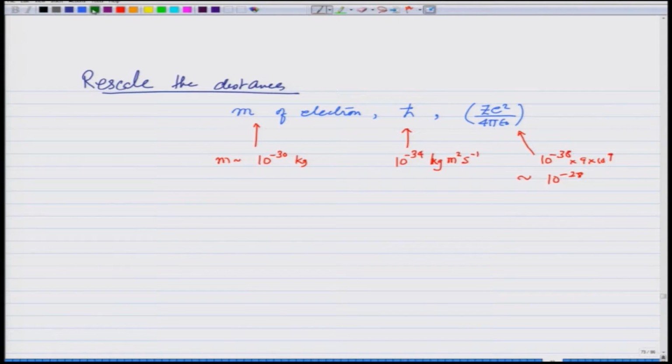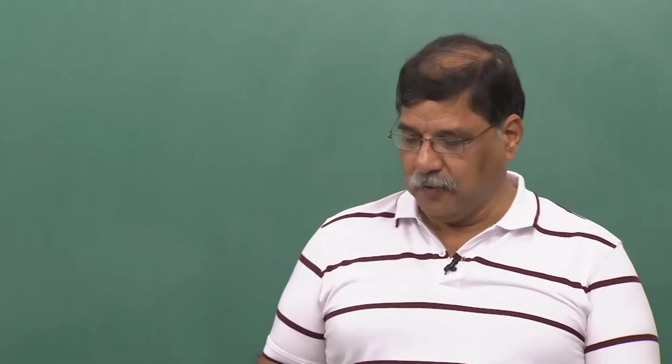So, the way I rescale is I am going to write r equal to some scaling factor a times x, and the scaling factor a should be in terms of the mass, h cross and Z e square over 4 pi epsilon 0.